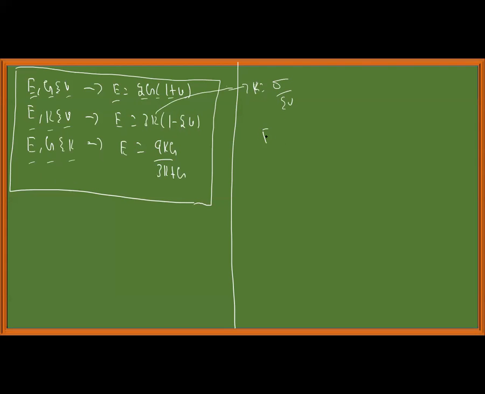Young's modulus indicates the stiffness of the material, how stiff the material is. Stiffness is resistance to deformation. If Young's modulus of aluminum is 70 GPa and Young's modulus of mild steel is 210 GPa, it means that steel is thrice stiffer than aluminum.